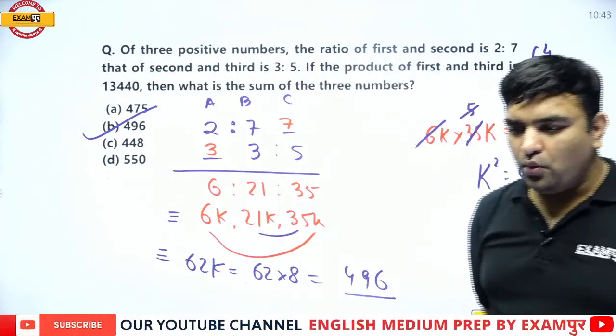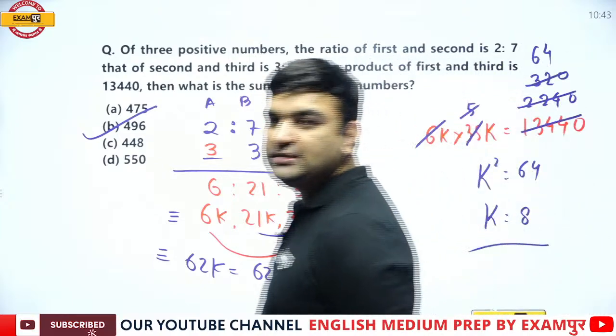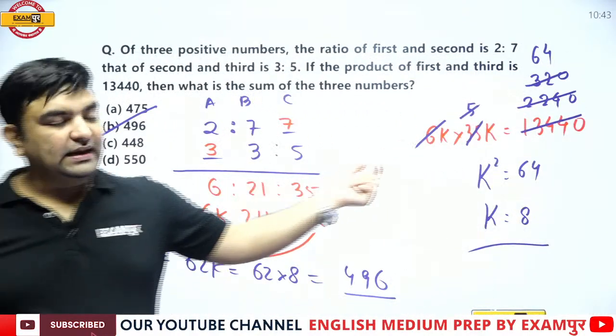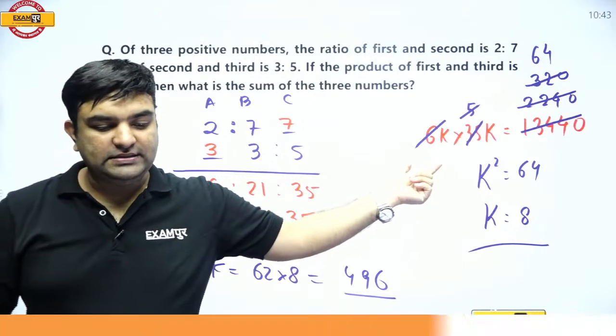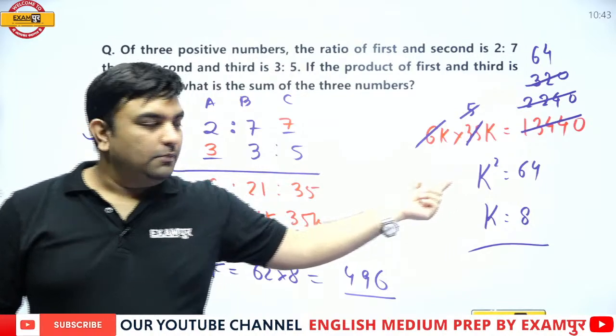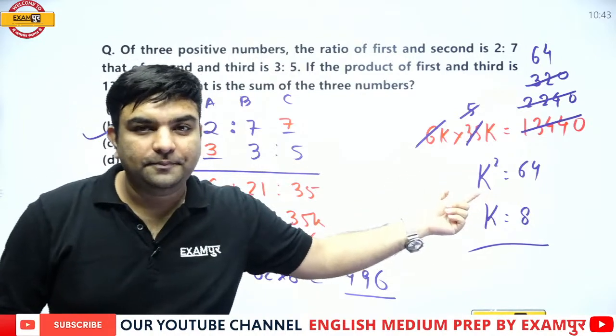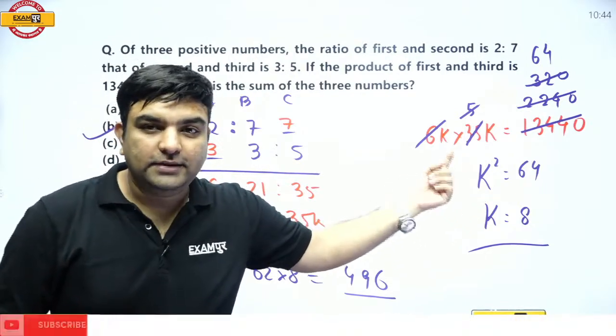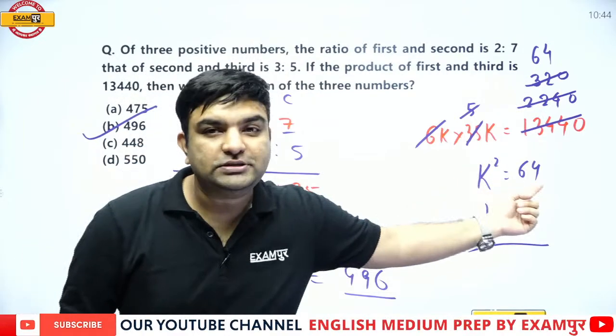So got it, guys. What I just said is that in case of product, it is necessary to take the K, because if you had not taken the K, then you might have assumed 1 is equal to 64.